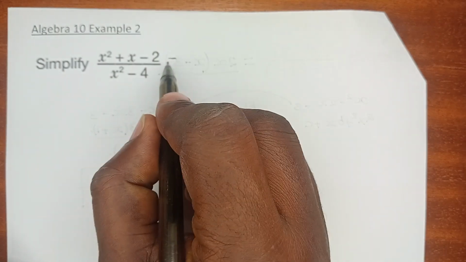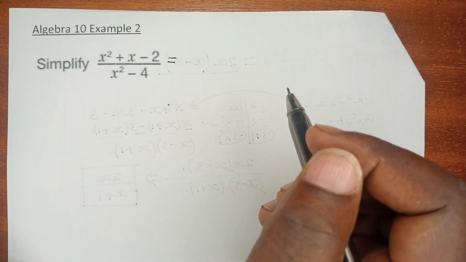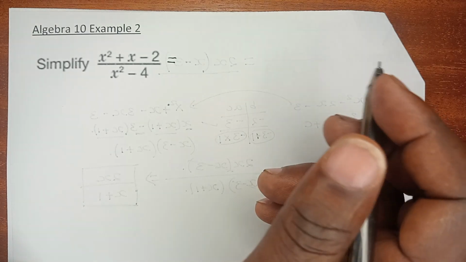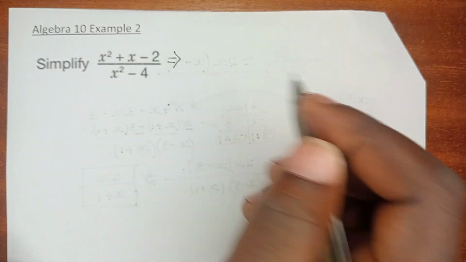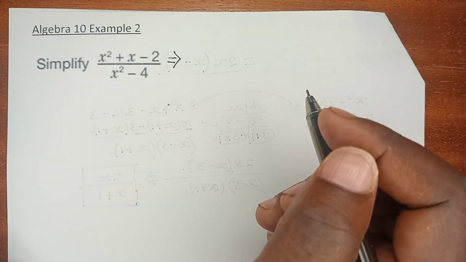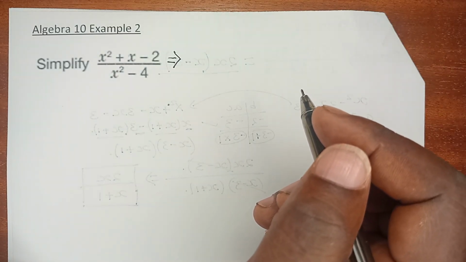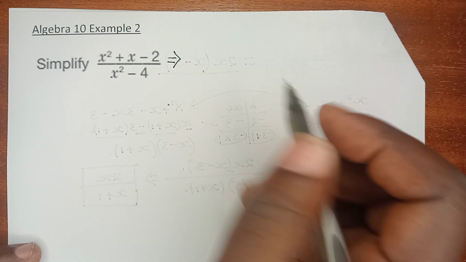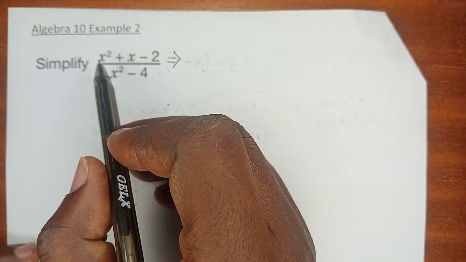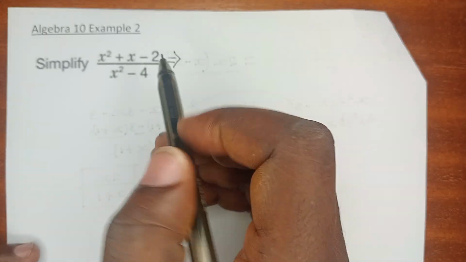As you can see, the numerator has x squared plus x minus 2, and we need to look for two factors such that when we add them, they give us positive 1, and when you multiply them, they give you negative 2, because a is 1 and c is minus 2.